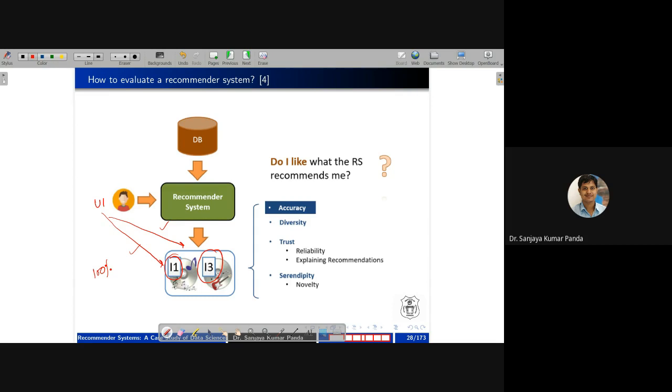But if U1 likes I1 and does not like I3, then accuracy is 50%. Or on the reverse side, if U1 does not like I1 but likes I3, it is also 50%. But if the user does not like either item, then accuracy is 0%. That's why we are very interested to know whether I like what the recommendation system actually recommends to me.